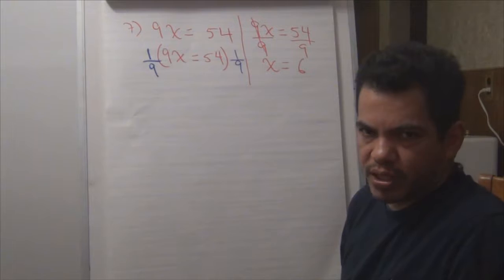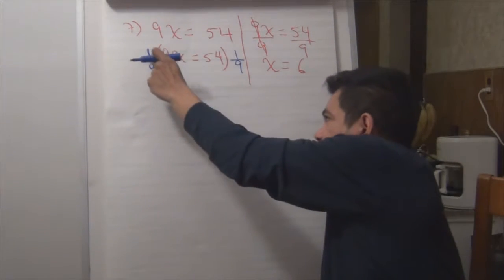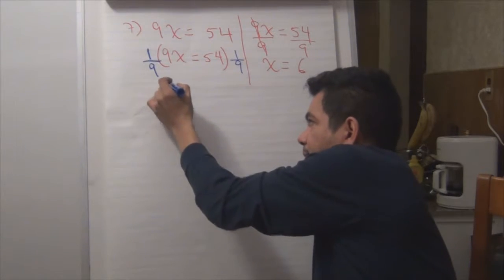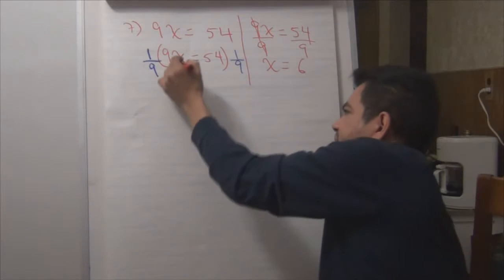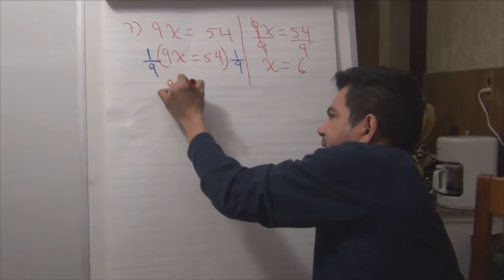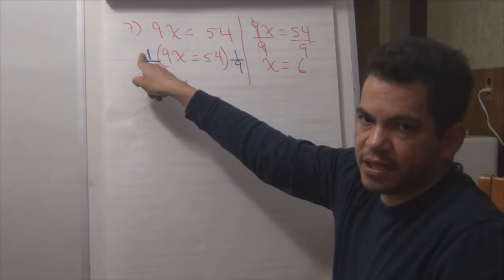I am not going to do it. I'm going to multiply straight through. So 1 times 9x is 9x, because any number times the identity element of multiplication is itself.